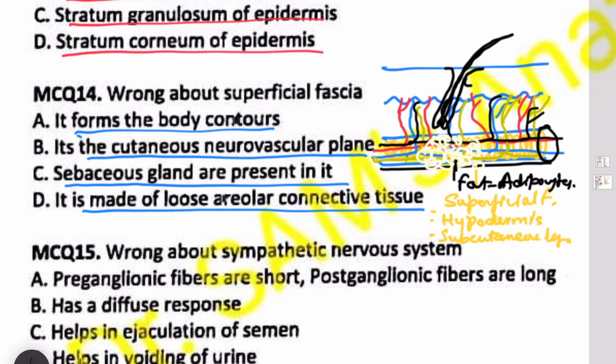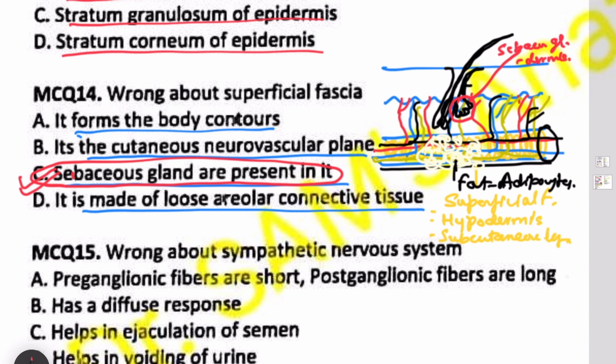Sebaceous glands are actually derived from the hair follicles, and sebaceous glands are a content of the dermis. Sebaceous glands are seen in the dermis. They are, of course, derivatives of epidermis, but they are present in the dermis. So the answer is that sebaceous glands are present in it, which is a wrong statement.